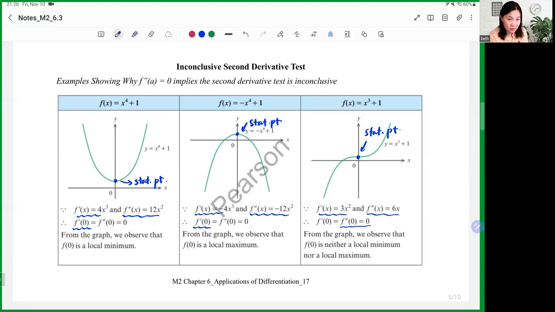In these three cases, when we get second derivative equals 0, it could mean this point is a minimum point, it could mean this point is a maximum point, and it could mean this point is a saddle point. So if this happens, then we have to claim defeat. We have to go back to the first derivative. That is the disadvantage of this test, that sometimes it could fail.